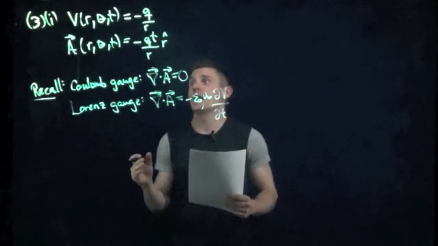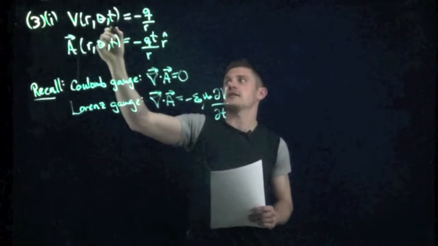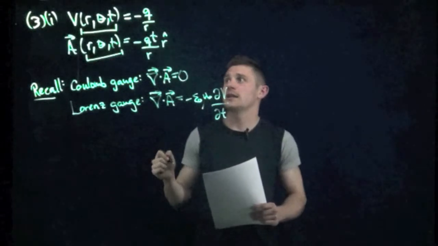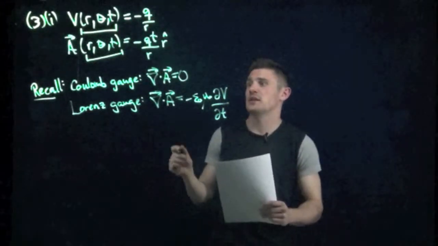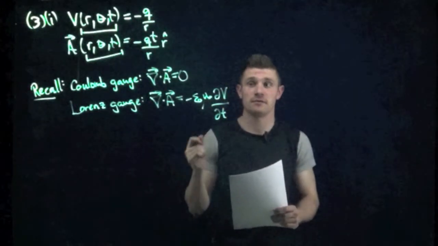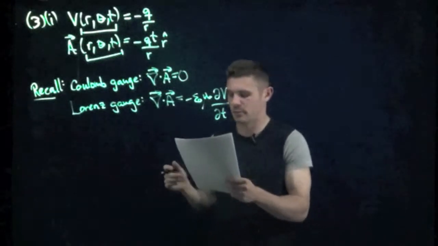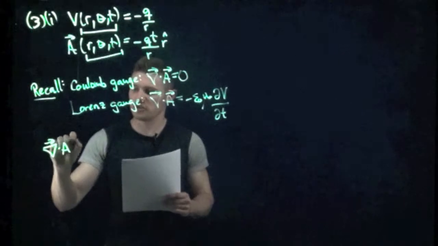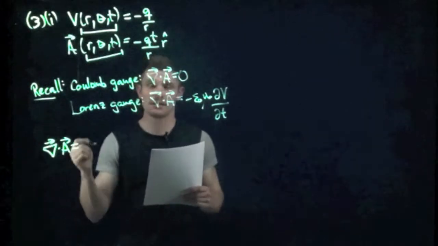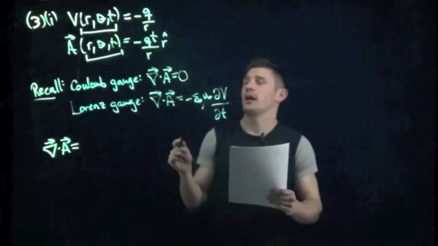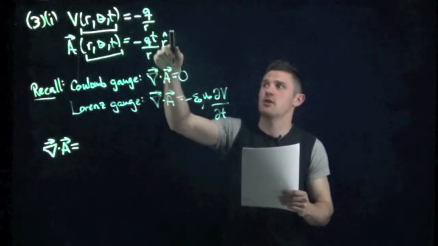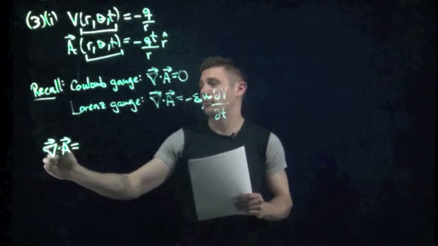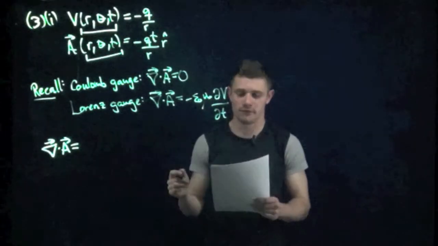The coordinates here are spherical, so we use the divergence formula in spherical coordinates from our formula sheet. And right away we can see that this only has an r hat component, which will simplify the del operator for that divergence term.